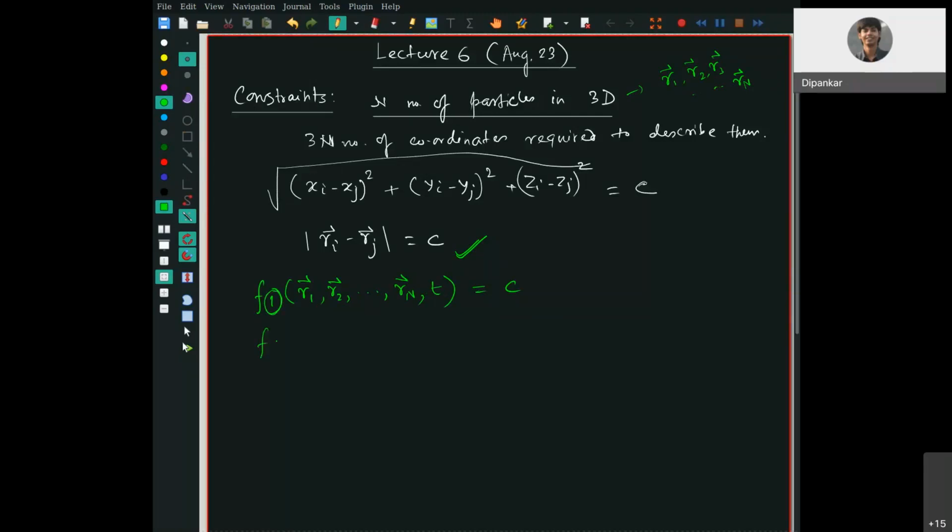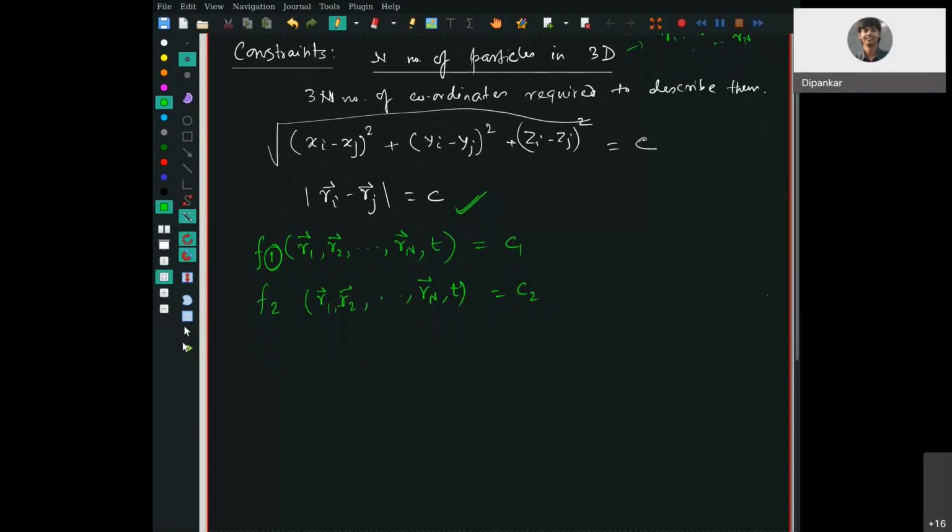I can have a further constraint equation, f2, another function of r1, r2, up to rn, t, equals c2. And things like that.